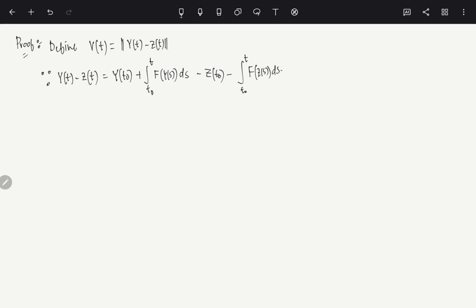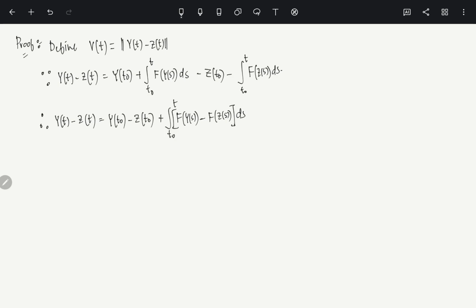You remember, when we did the Picard theorem, we did the exact same thing. Therefore we have y(t) minus z(t) equals y(t0) minus z(t0), plus the integral from t0 to t of f(y(s)) minus f(z(s)) ds.